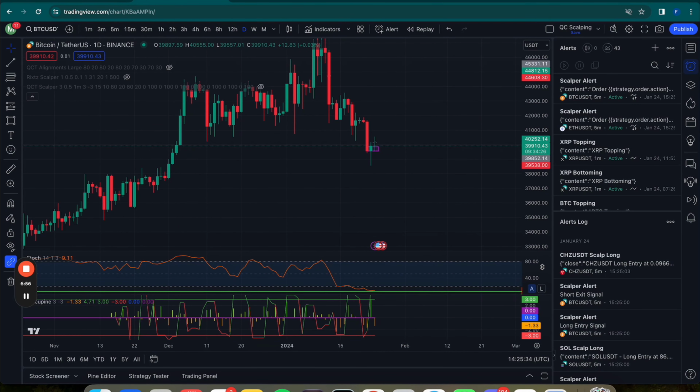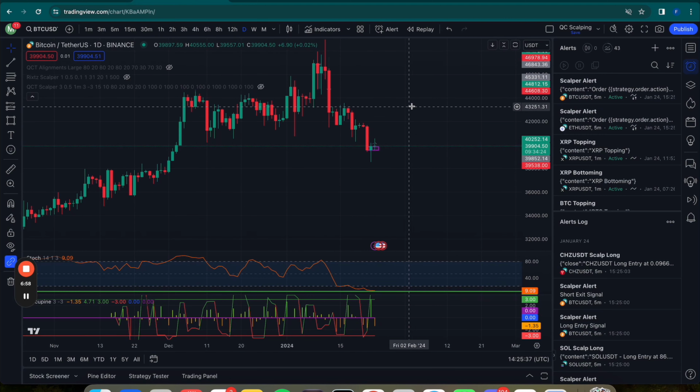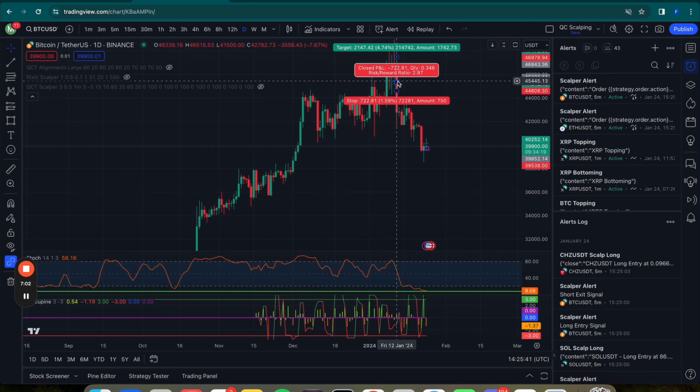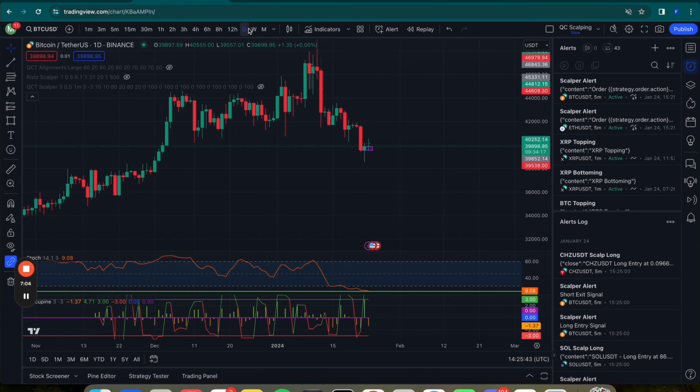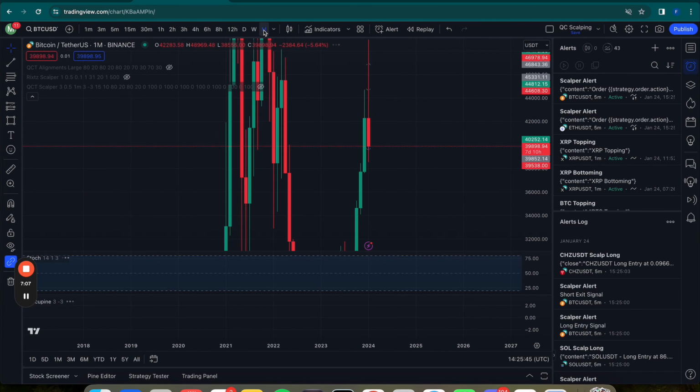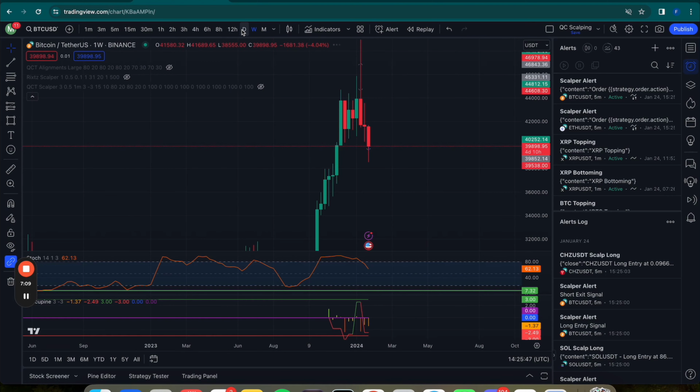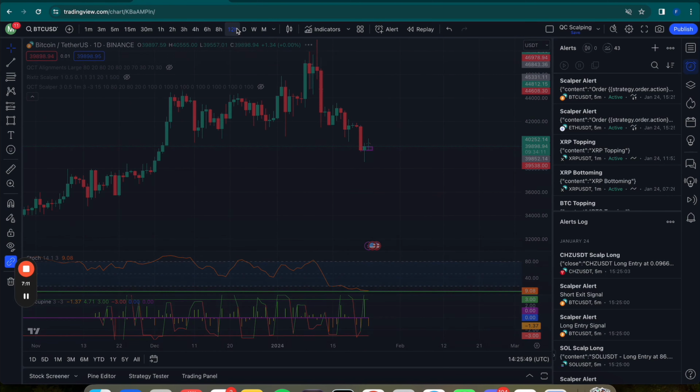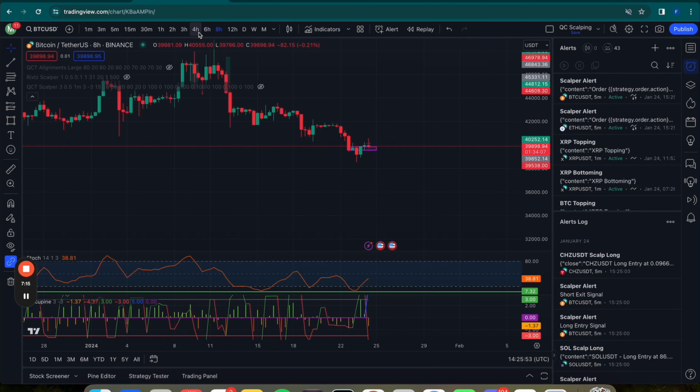Okay, so this right away tells me we might have a move higher to the upside, towards the top of the range, which makes sense. Let's check the weekly. Weekly and monthly are topped, sorry. Daily's bottomed.